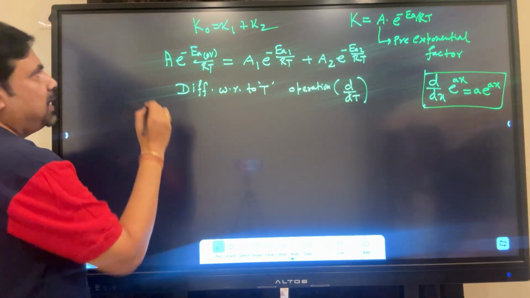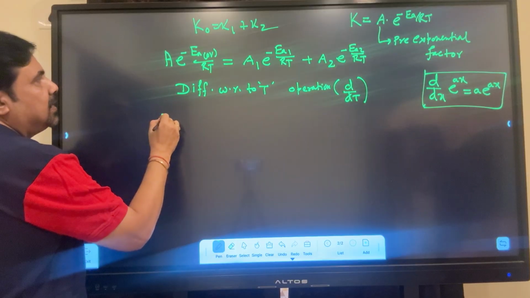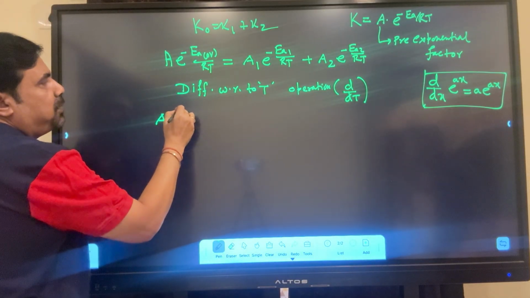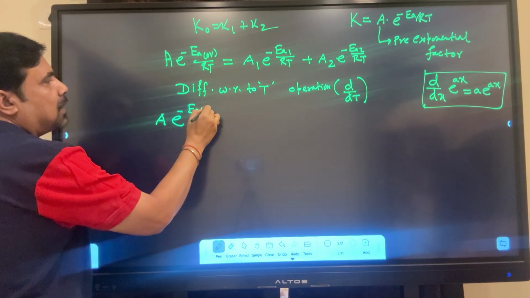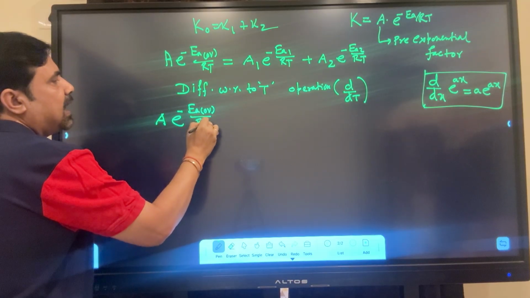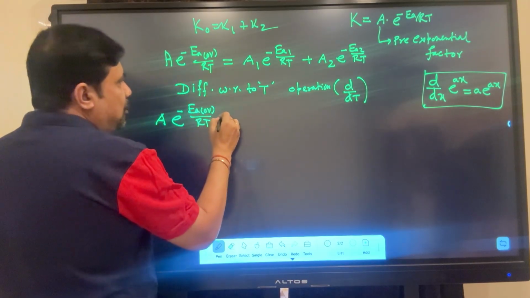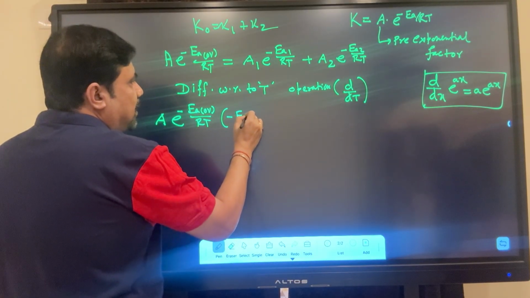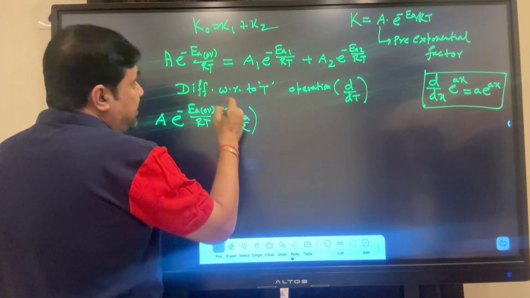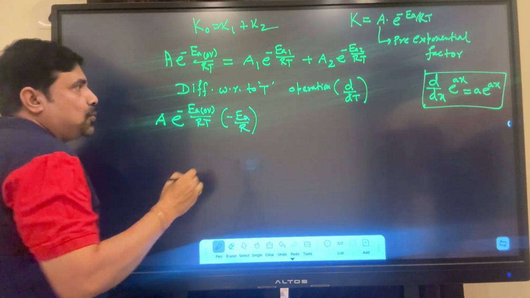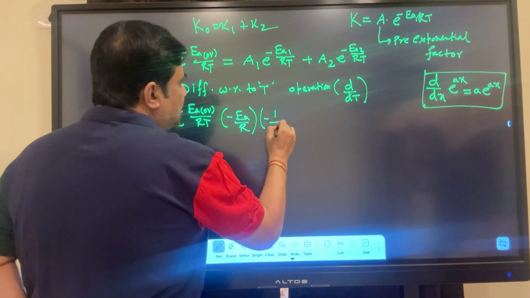Now immediately if I do that, we get A, and this part will already be there, e to the power minus Ea overall by RT, and then the constant term will be there, minus Ea by R, and 1 by T is there. Differentiating 1 by T with respect to T gives minus 1 by T square.